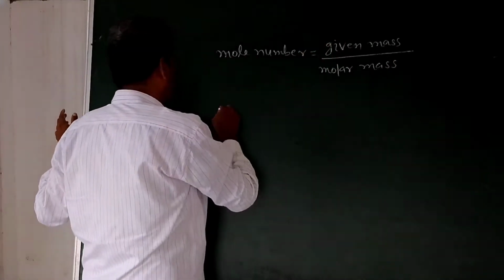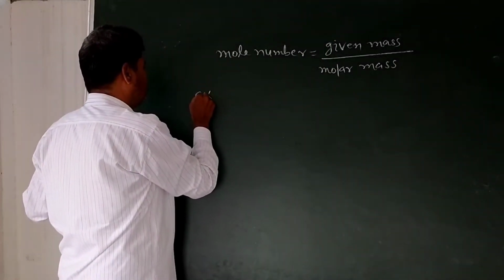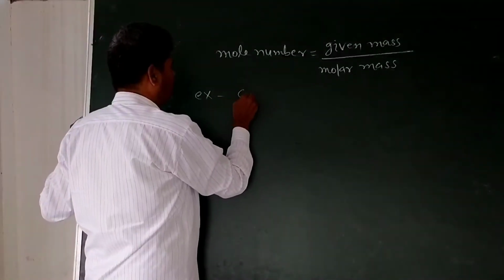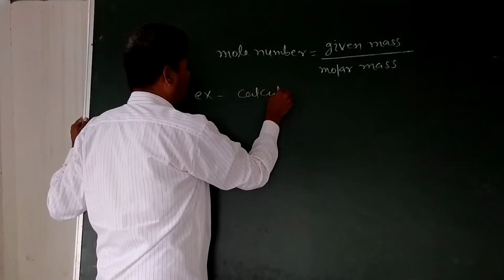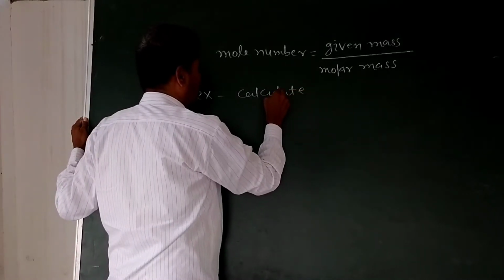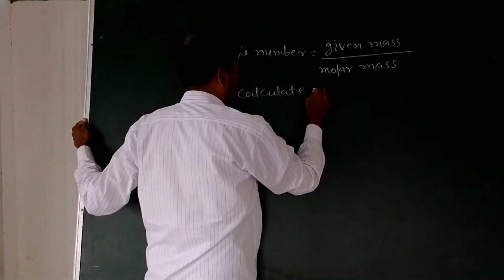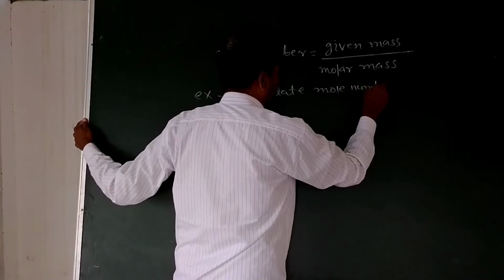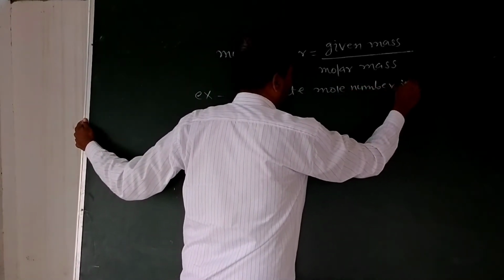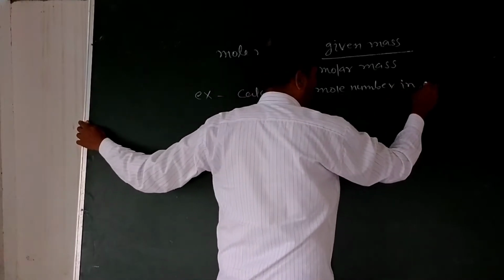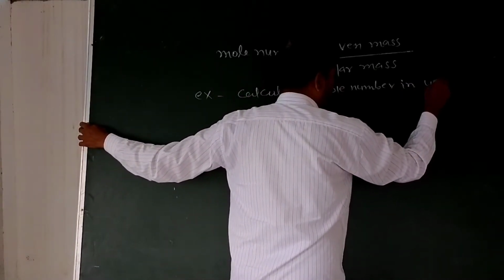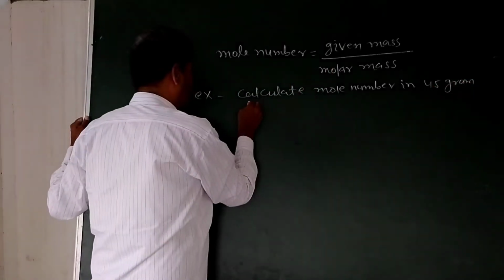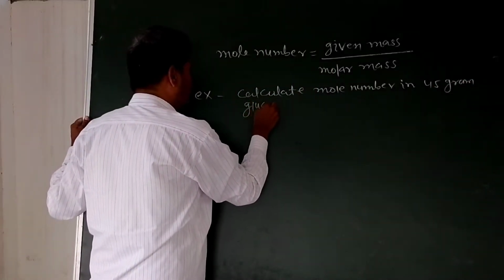Molar mass. For example, calculate the mole number in 45 gram glucose.